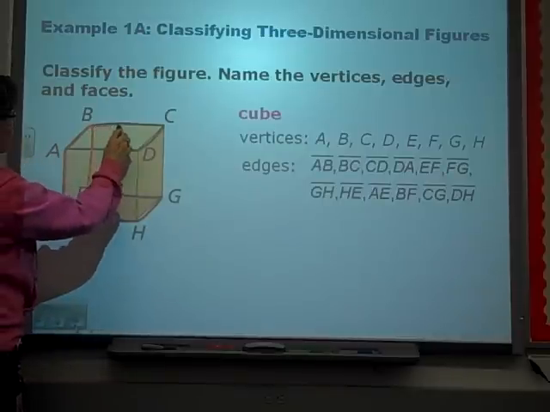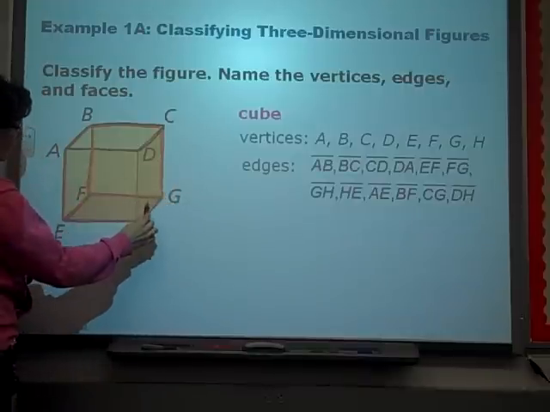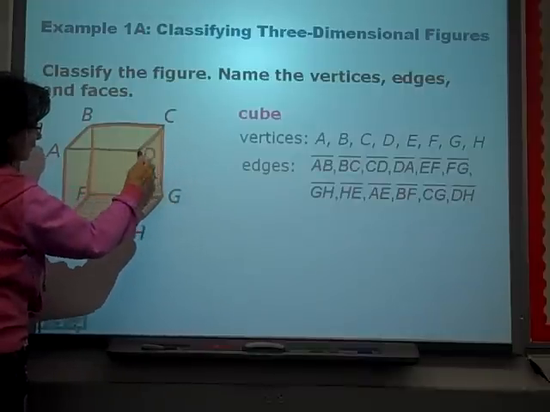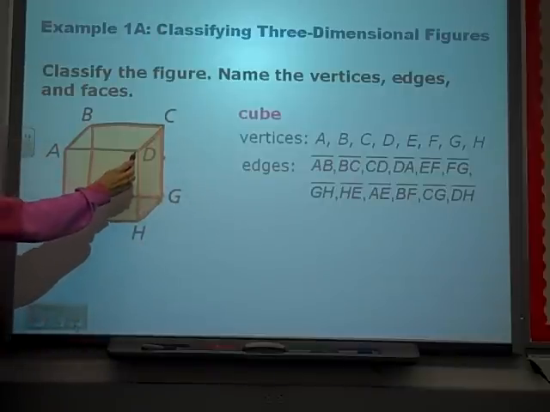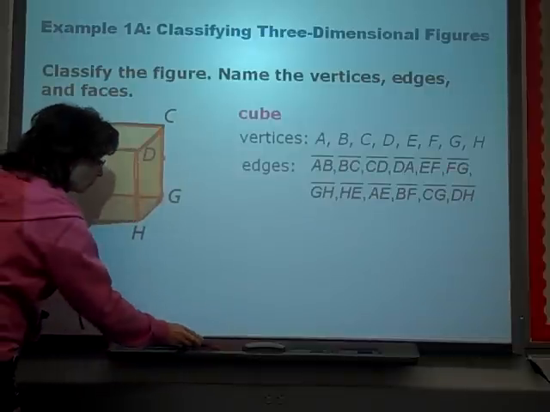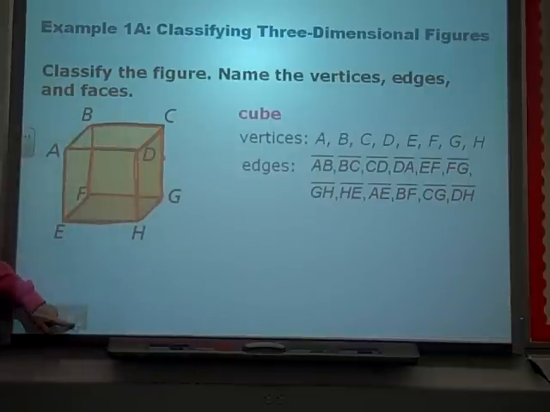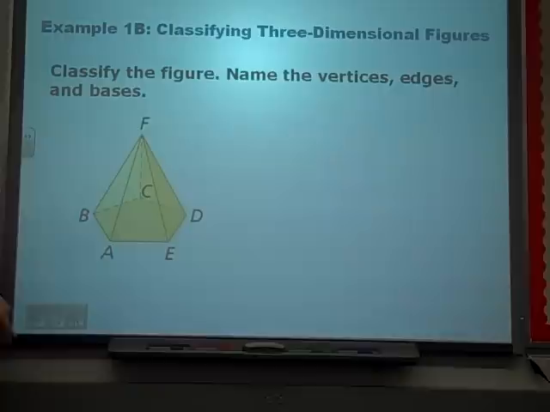And then the back, B to C to G to F. This side, C to D to H to G. Name it as you trace it. And then the front, A to D to H to E. So you can name those also as you trace them. And there's going to be 6 sides: top, bottom, front, back, left, right. So you'd have 1, 2, 3, 4, 5, 6 faces on this 3-dimensional prism.